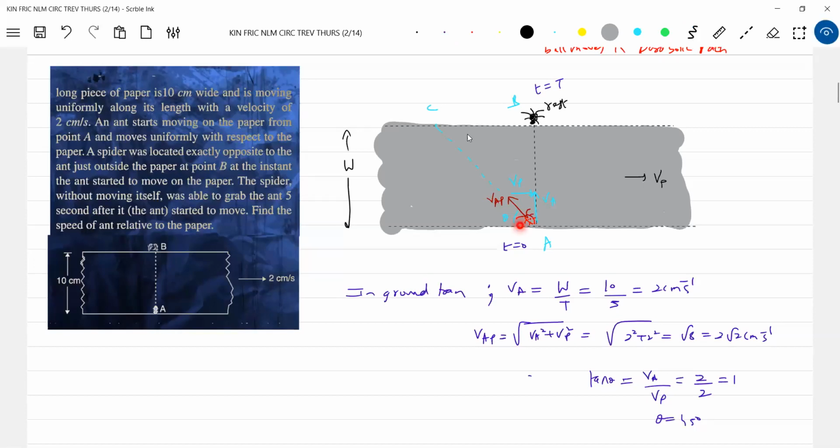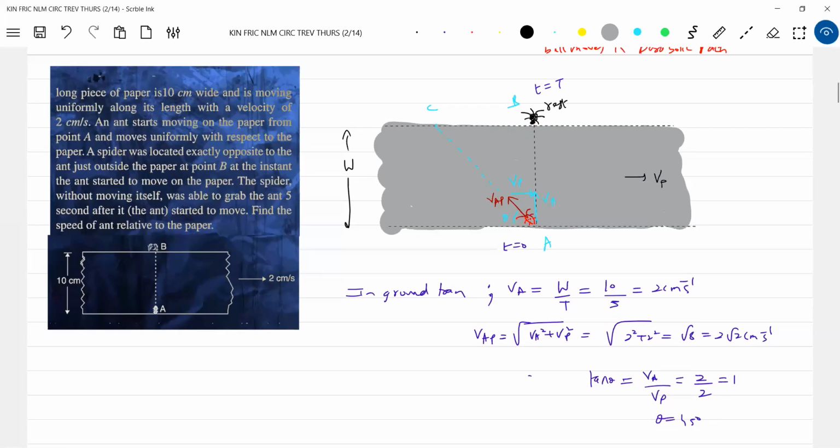If it moves at an angle of 45 degrees with this much speed, it will land here. But since it's given, it will be eaten by the spider. So therefore I assumed it here. If it moves at some other angle, then it may land elsewhere. If I change the angle theta, it may not land at B.